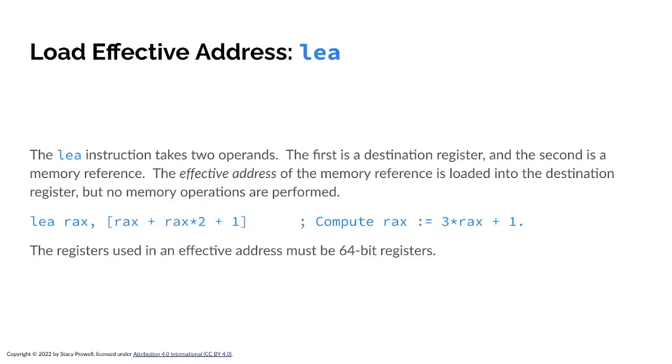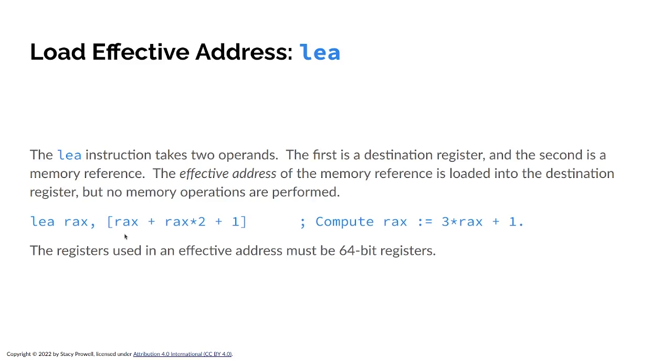There's a special instruction for that, and it's load effective address. Load effective address takes whatever's over here as an address calculation and puts this value, not the contents of this, but the value itself, in RAX. So this instruction will compute RAX gets 3 times RAX plus 1. That's what it will do.